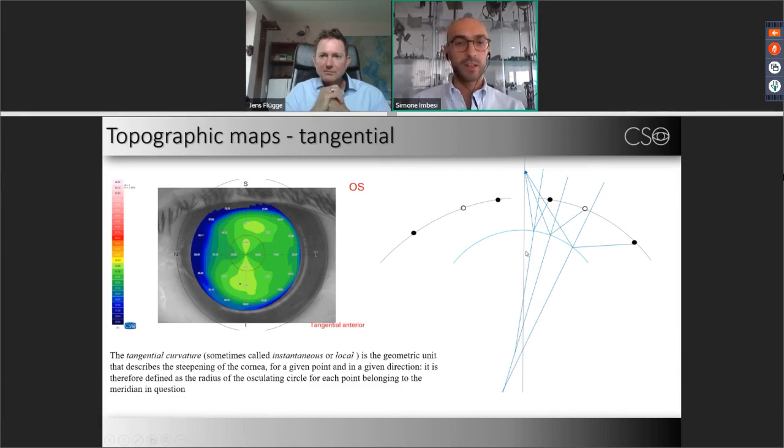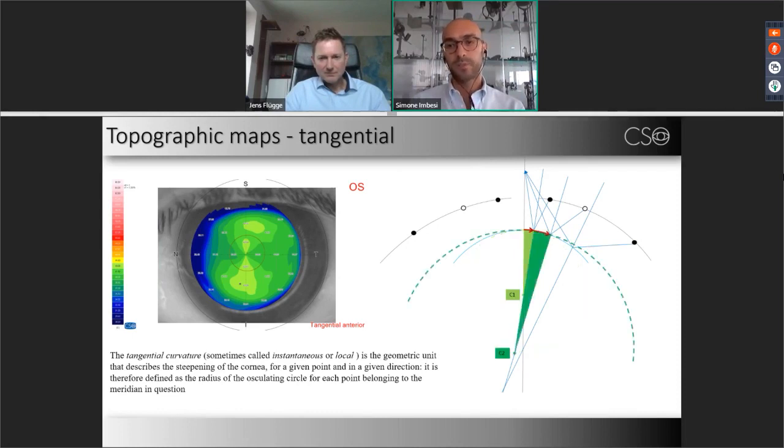And once the normal is known, an algorithm allows us to reconstruct the corneal profile using arcs of circles, as you can see from here.